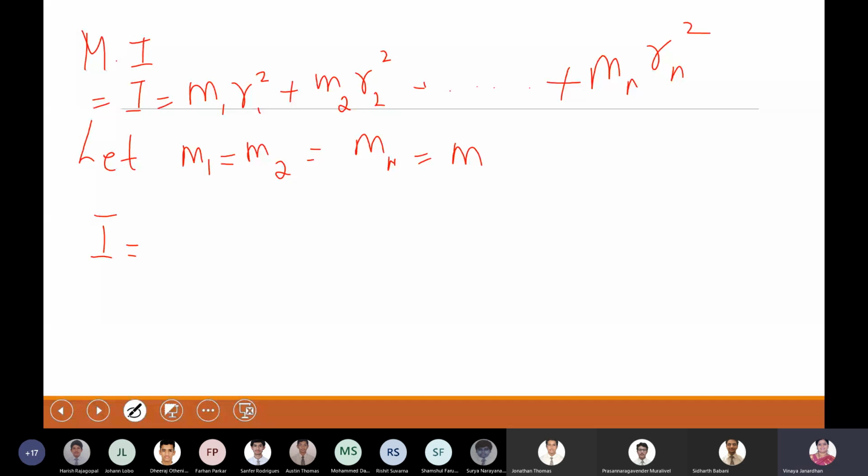I is m into r1 squared plus r2 squared, etc., up till rn squared. Are you getting this?